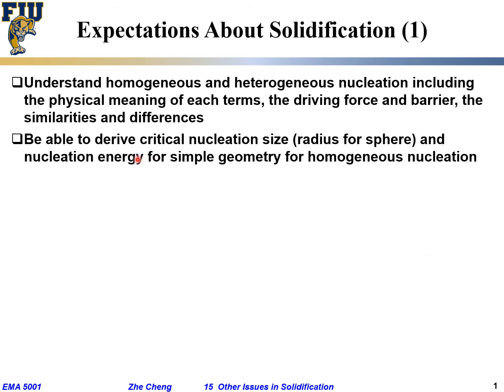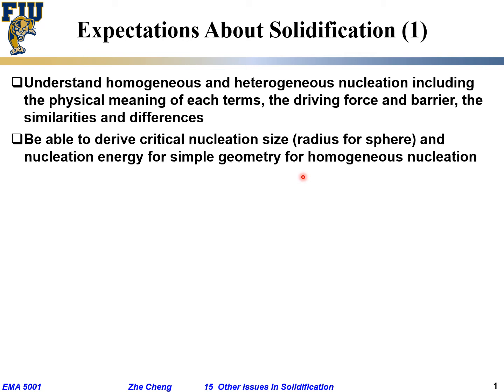I also expect you to be able to derive the so-called critical nuclear size. If it's for a sphere, that means radius, but for some other geometry, you may have different dimensions, such as edge length for a cube, and the critical nucleation energy for simple geometry for homogeneous nucleation. I want you to be able to derive the critical nuclear size by considering the change in Gibbs free energy during the nucleation process, what is driving it, and what are the barriers.